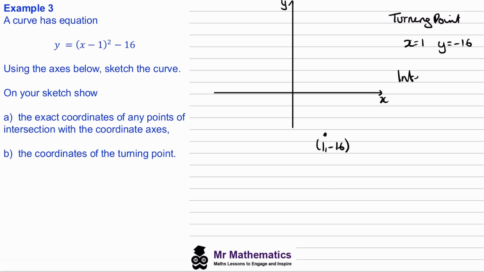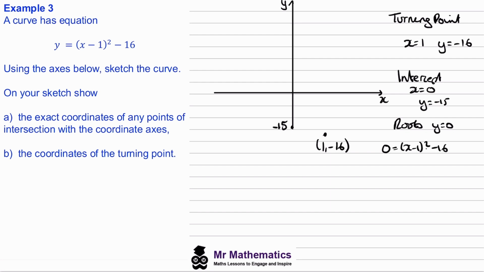The intercept, when x equals 0, we'll have -1 squared, which is 1, and 1 take away 16 will give us -15. So that'll be about here. And to find the roots, this is when y equals 0. So we'll solve this equation.